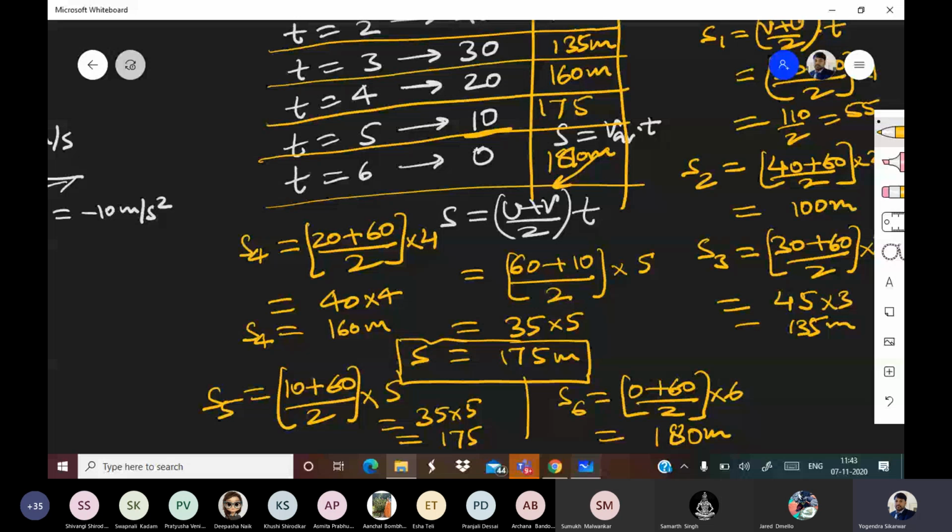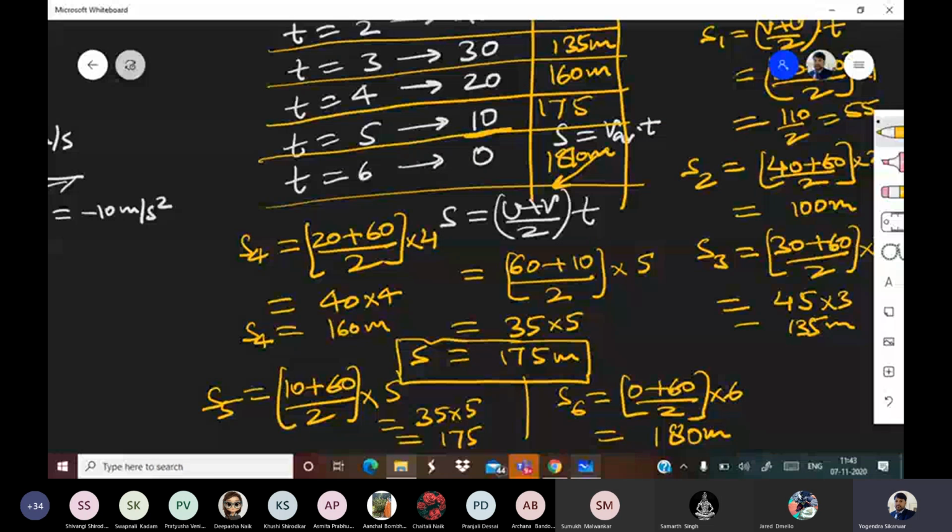After that, velocity will now become negative, because now it will be coming down.